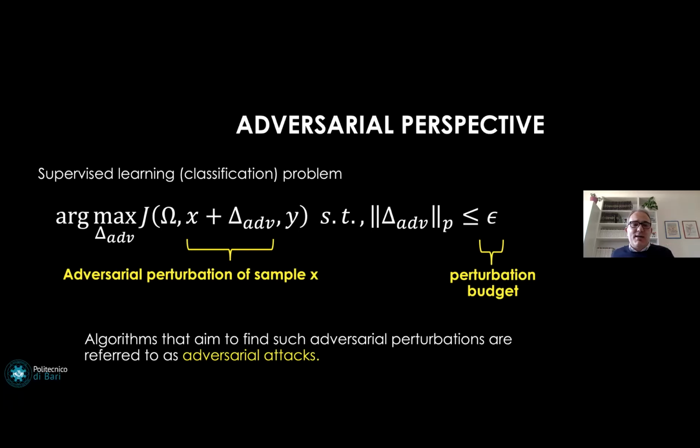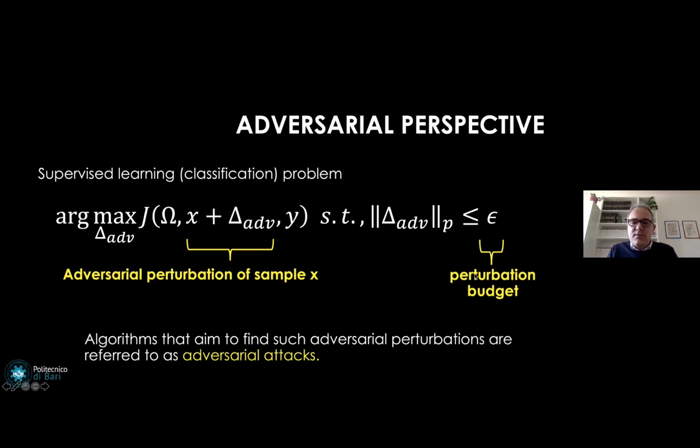So the point is that we have this perturbed input, where we have the original input plus the perturbation, and we want the loss function with respect to this perturbed example to grow, given that the norm of the perturbation is lower or equal with respect to a given value epsilon, which we call the perturbation budget.